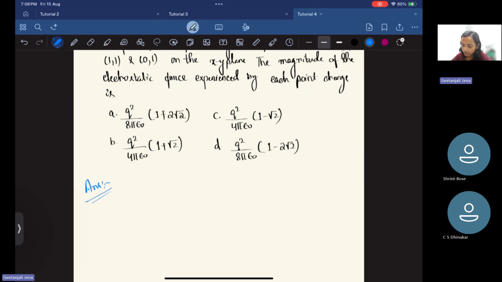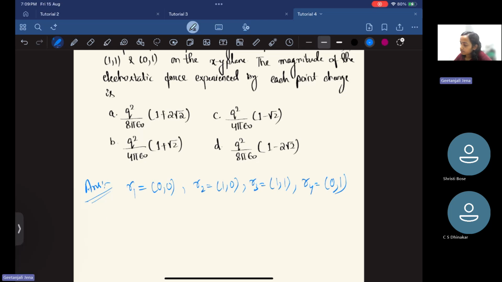So let us quickly go through the solution. So R1 is given, it is 00, R2 is given, it is 10, R3 is 11, and R4 is 01.